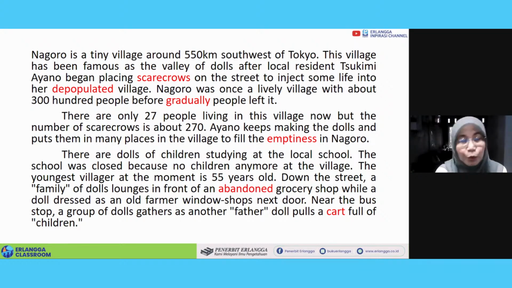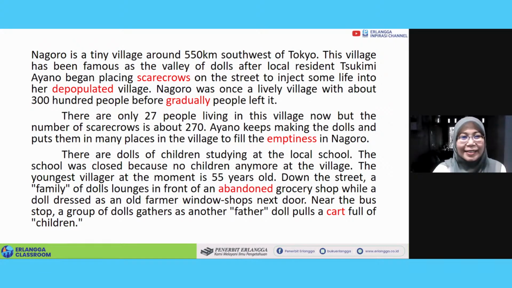Tapi ini lagi-lagi adalah a doll dressed as an old farmer. Near the bus stop, a group of dolls gathers, kumpul, dolls seperti yang kalian lihat di foto tadi. Another father doll pulls a cart, gerobak, full of children. Children-nya ini meaningnya adalah dolls juga.